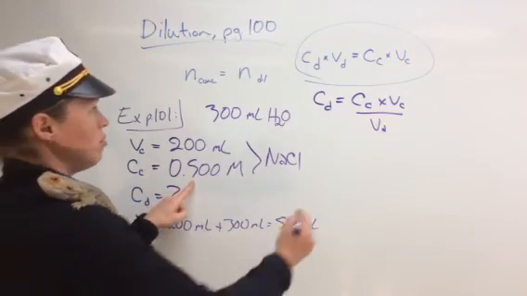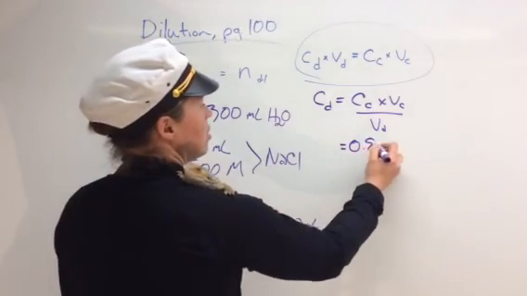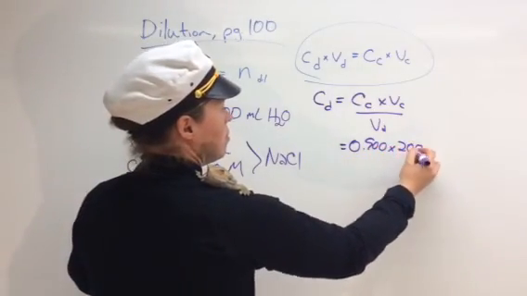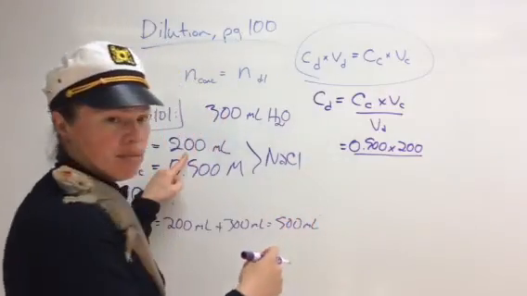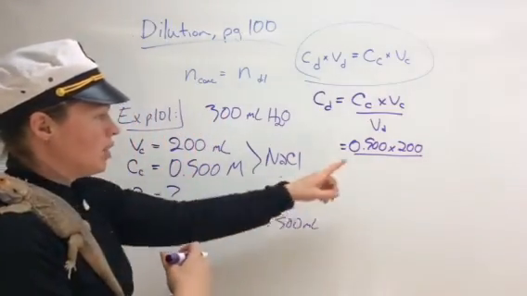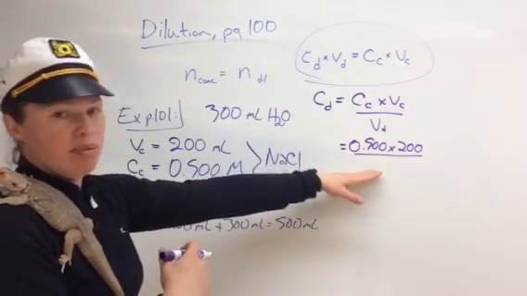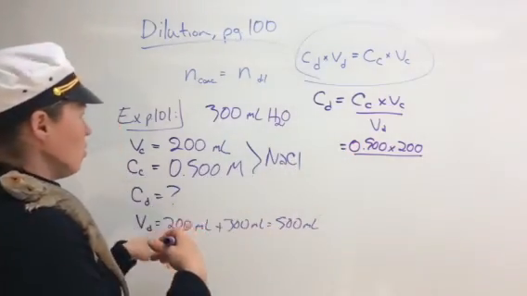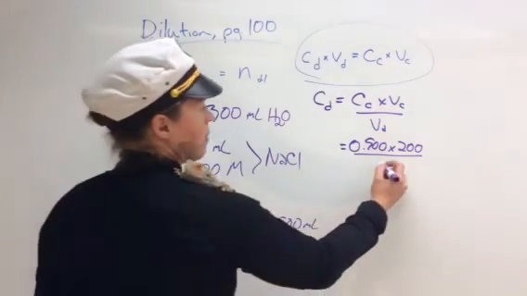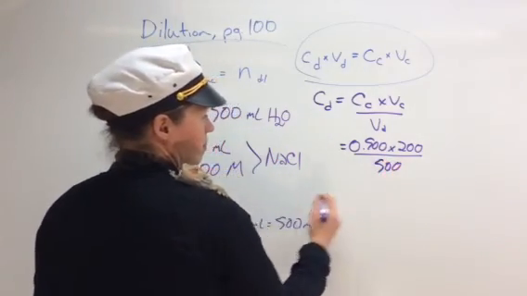So I'm going to throw in 0.5. I'm going to throw in 200. It doesn't matter if it's in mils or liters, just make sure that the units agree. So if I'm putting it in mils on the top, I better put it in mils on the bottom. So on the bottom, it's the volume that's diluted, which is these guys added up. So that's 500.